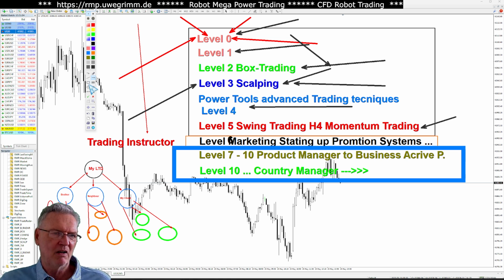These are all his people, and he supports all these people. He doesn't like the trading, but these people are trading. So he builds up a huge group.